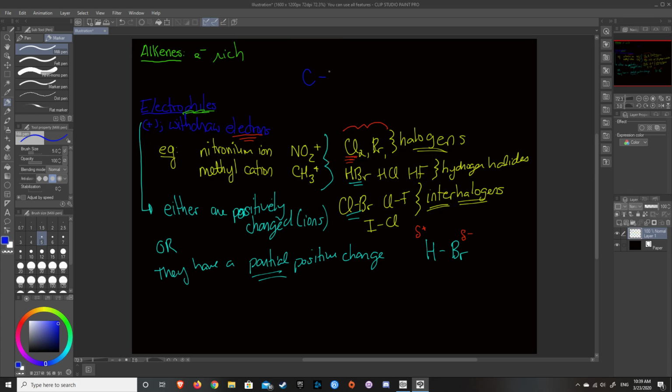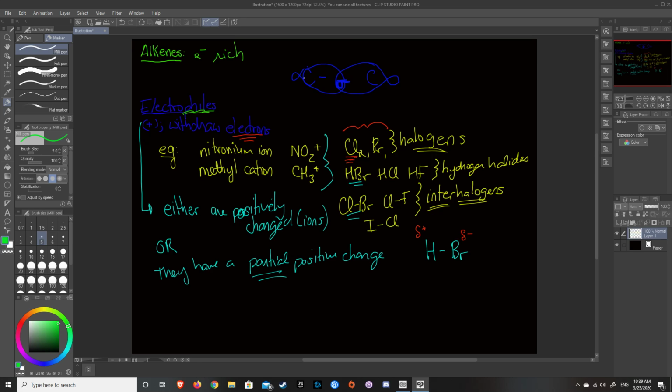Carbon, a small lobe over here, a large lobe over here, and carbon. This is our bonding molecular orbital, and this is forming our sigma bond. So that's one of our sp hybrid orbitals.